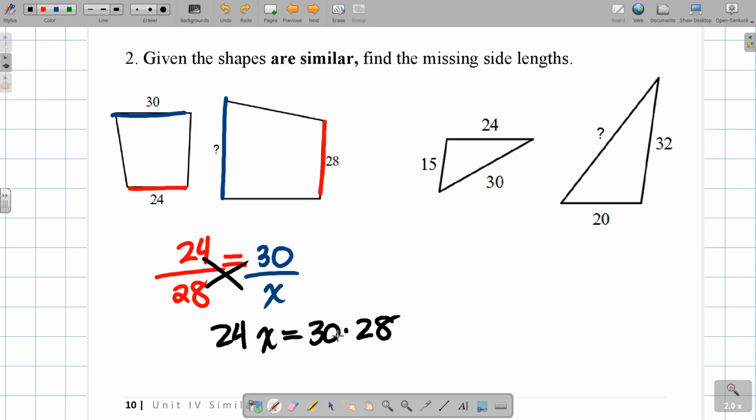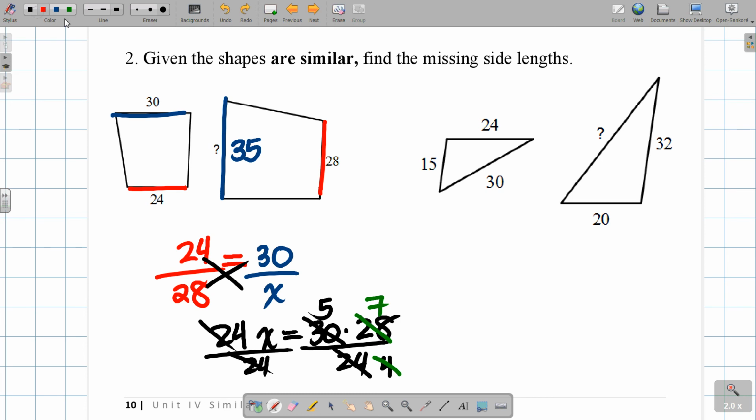Notice the key to multiplying is not multiplying, it's factoring. So let's see, I know that 6 goes into 24 4 times, and 6 goes into 30 5 times. 4 goes into 28 7 times. 5 times 7, we should have gotten 35.